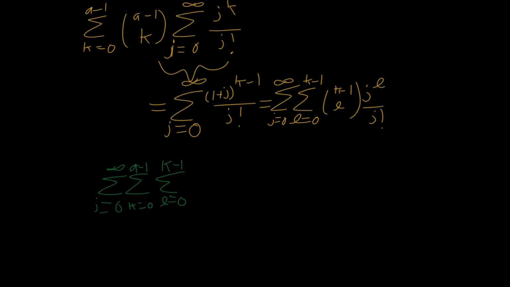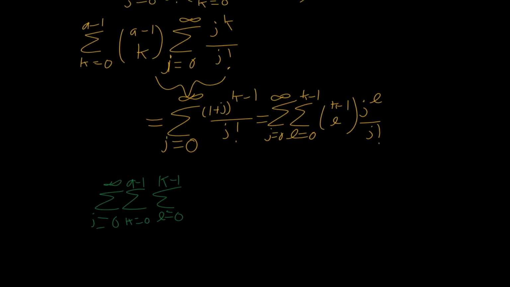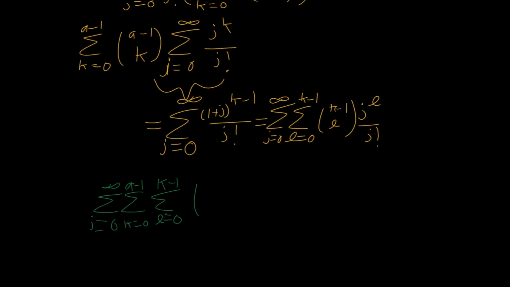So the order of these sums does actually matter. Then we're going to have a minus 1 choose k, then k minus 1 choose L, and then j to the L over j factorial.